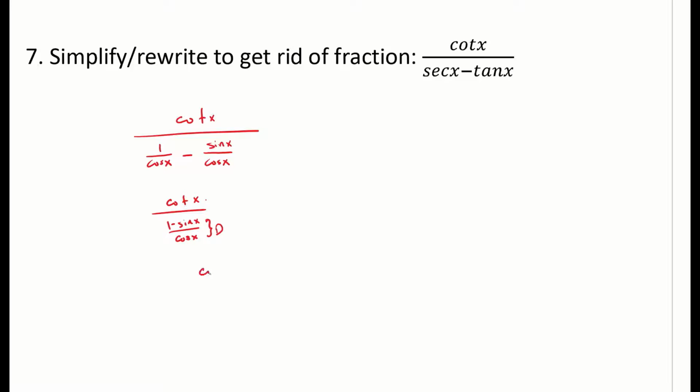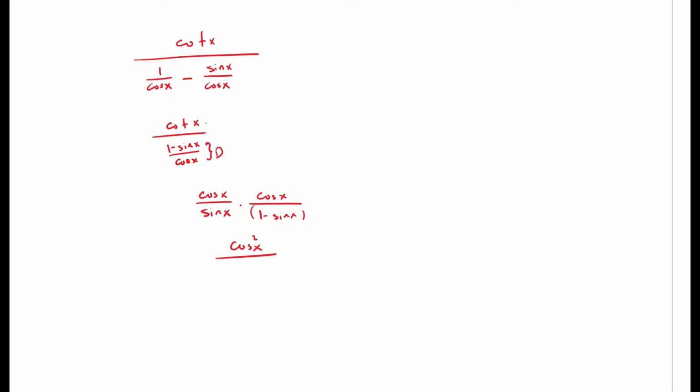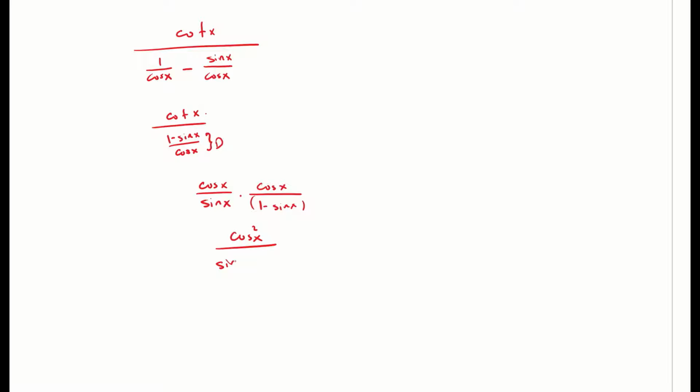So cotangent is cosine x over sine x times the reciprocal of the denominator. The reciprocal of the denominator is cosine x over 1 minus sine x. And so when we multiply those two things together, I end up with cosine squared x divided by sine x times 1 minus sine x.